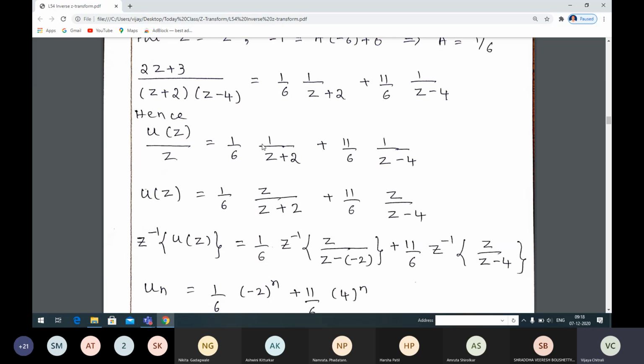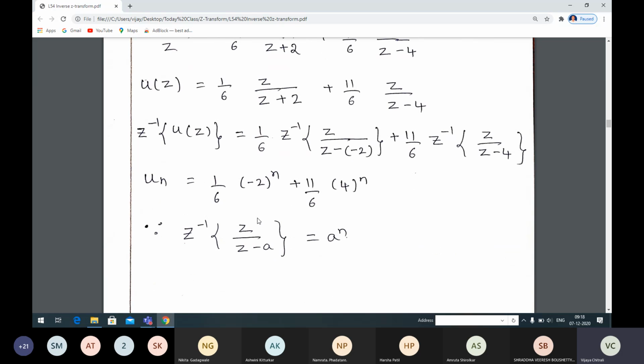So here multiply z, right? So we'll get here 1 by 6 z divided by z plus 2, plus 11 by 6 z divided by z minus 4. We want the inverse z transform of this. So apply the inverse z transform on both sides.